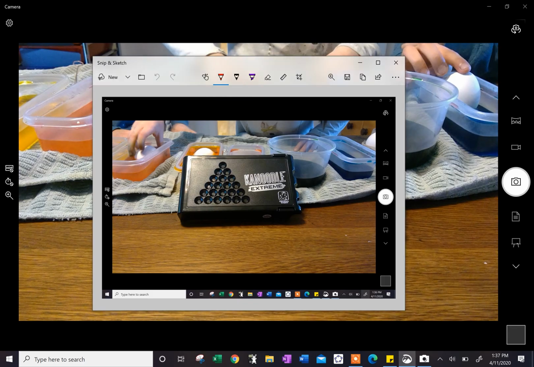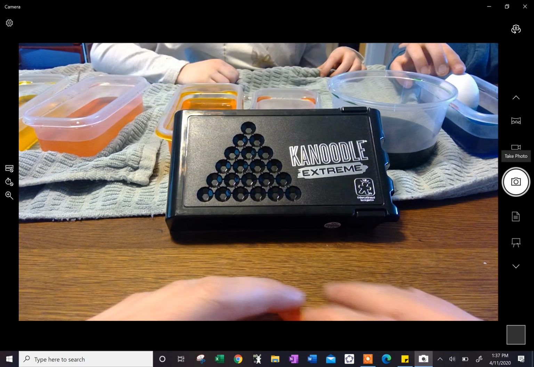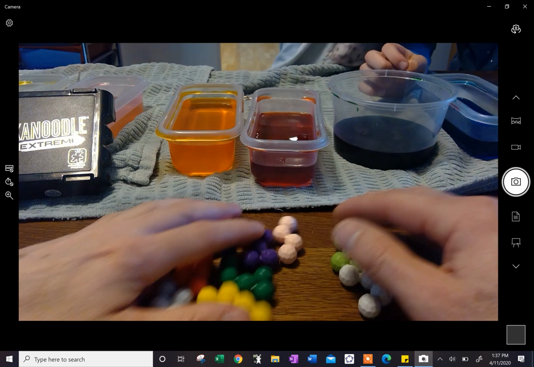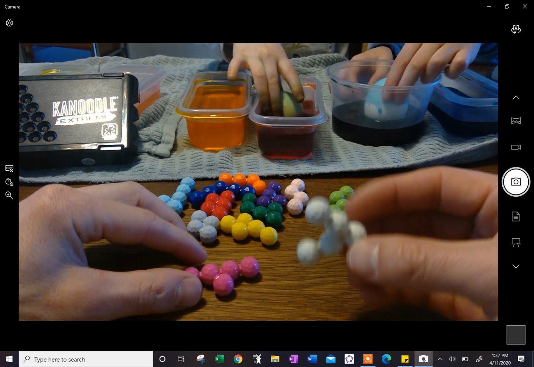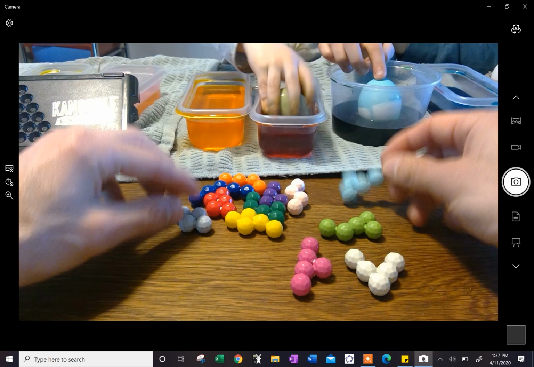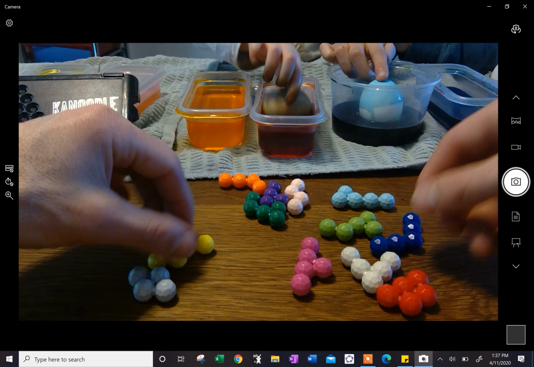Anyway, if we now take a look, we realize that we have 21 spaces. If we look at our pieces, you may or may not have realized that some pieces have 5 and some pieces have 4. So I'm going to separate them by 5s and 4s.